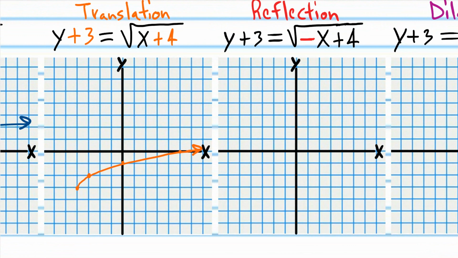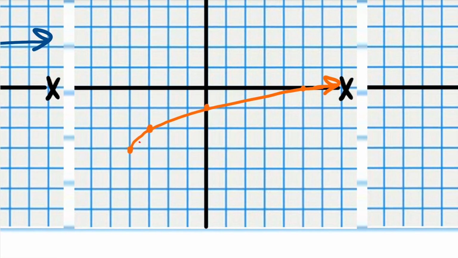So what we do is we take a point on the graph of the previous equation, and we figure out what is the distance from that point to the y-axis, and then we go that same distance across the other side.